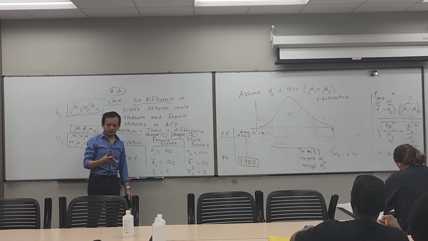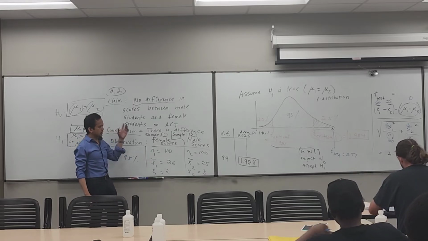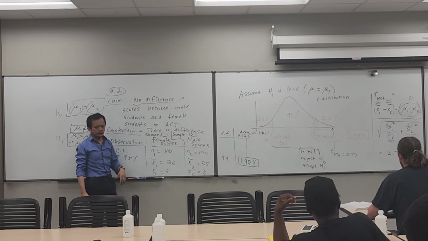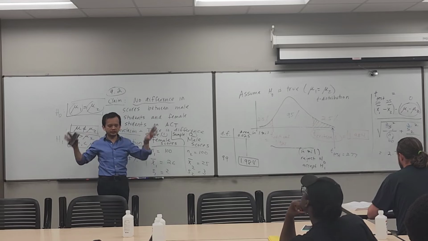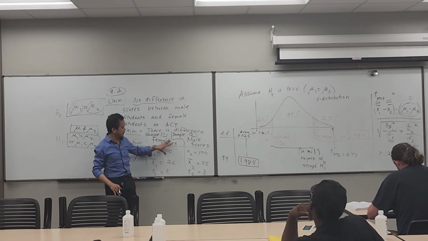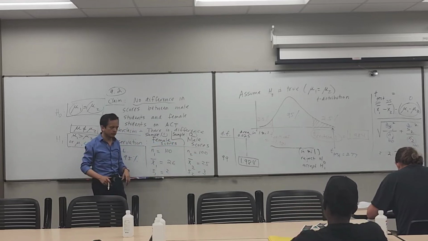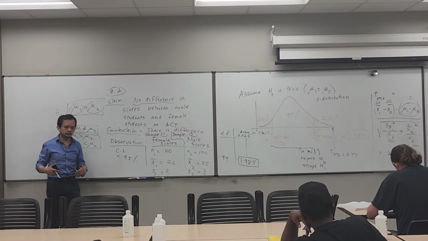So let's back up and look at the big picture of what we just did. We had a claim about whether there was a difference between female scores and male scores. And so we were interested in looking at both scores and their collective, so the overall mean of the females versus the overall mean of the males. We didn't care about the individual scores. But sometimes we care about the individual scores.